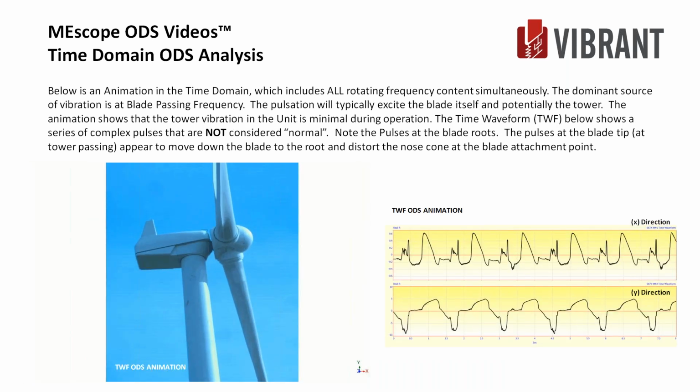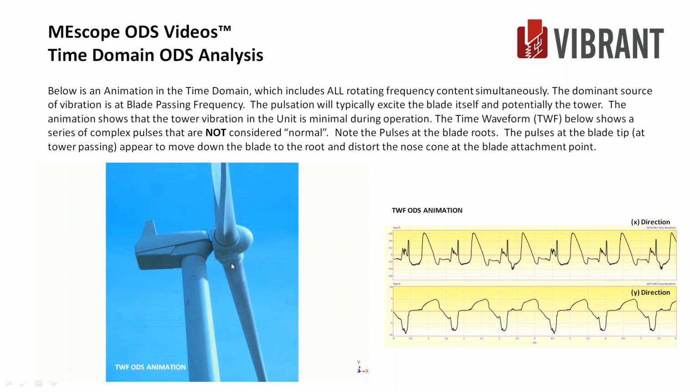This is abnormal. This is a time waveform animation, different unit. In fact, this is the worst unit that they selected. It shows a series of complex pulses that are not considered normal. And note the pulses in the blade roots. So if I look here and watch this, there it is right there.